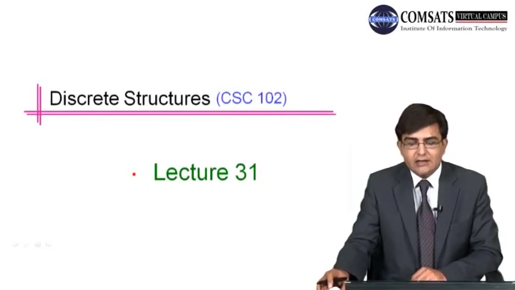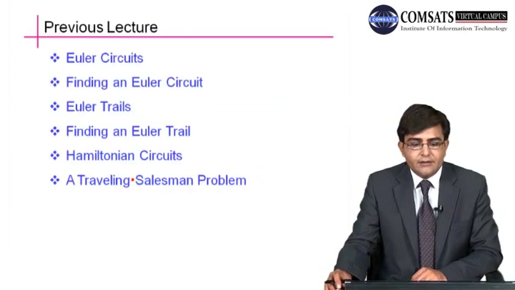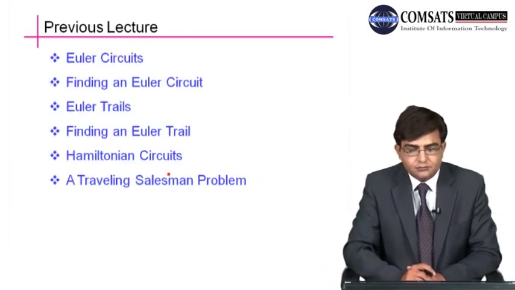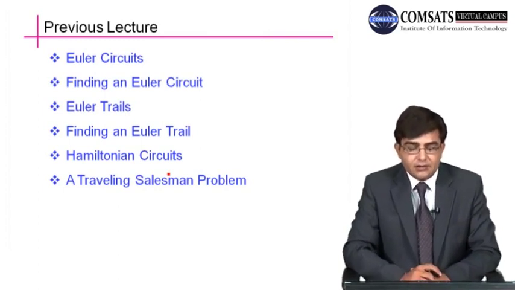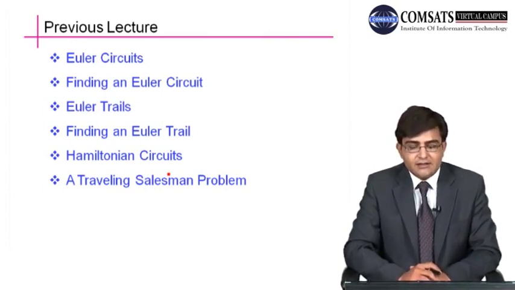In the previous lecture we were discussing graphs. In graphs we have discussed Euler circuits, Hamiltonian circuits, and how to construct an Euler circuit and Hamiltonian circuits. We have also discussed the traveling salesperson problem.